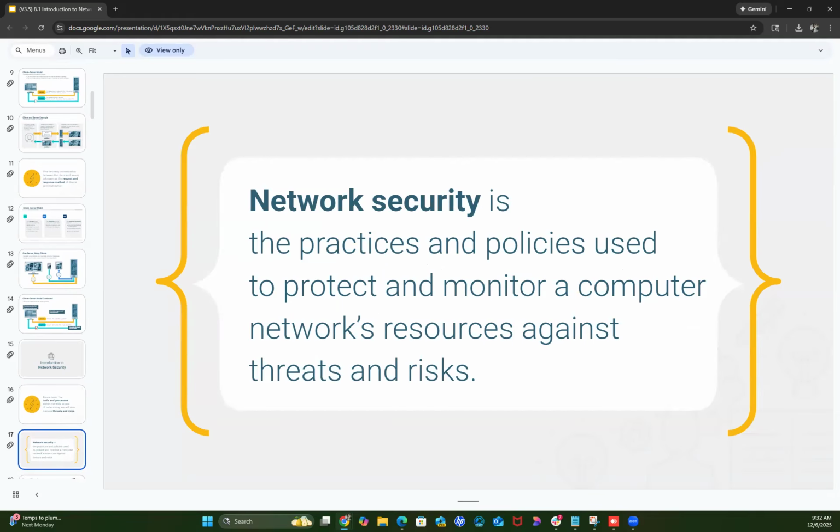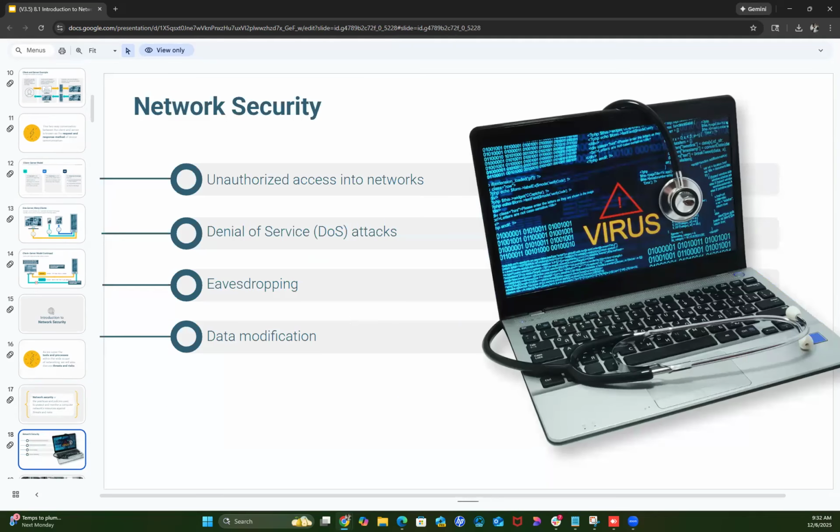Network security threats and risks can include unauthorized access into the network, denial of service, DDoS attack. For example, an attacker floods your network with traffic to make your resource unavailable. And eavesdropping, data modification. Yesterday we checked this, me and Bishojit, how the DDoS attack works, and practiced on our server.